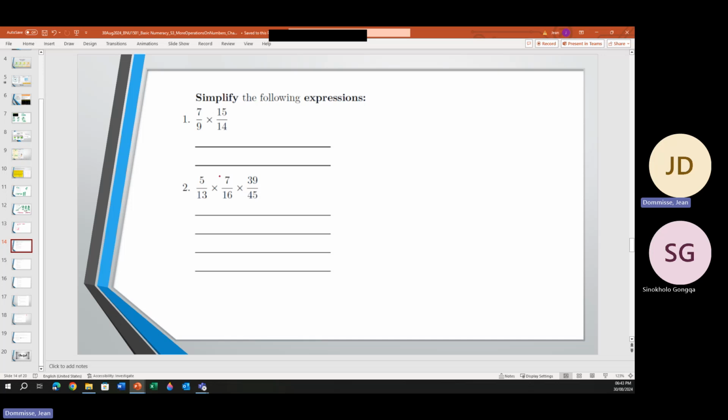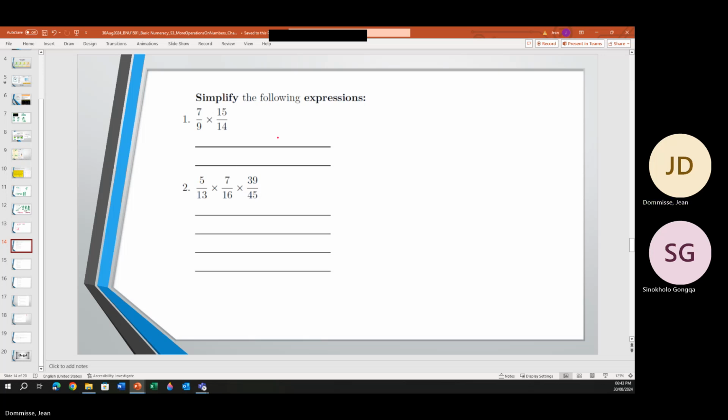So we've done this a bit in chapter 2, but what I want to show with this one is that you can simplify before you work out the numbers.